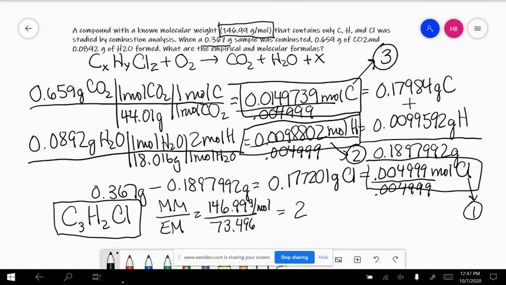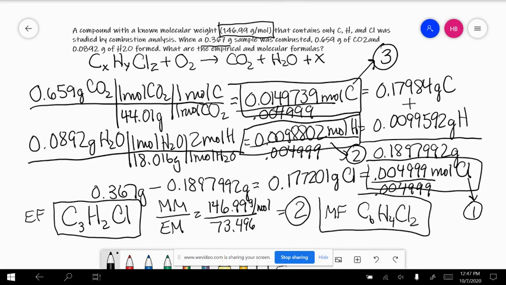So that's going to be a ratio of 2. So the empirical formula times 2 is going to be the molecular formula of C6H4Cl2. And that's your answer.